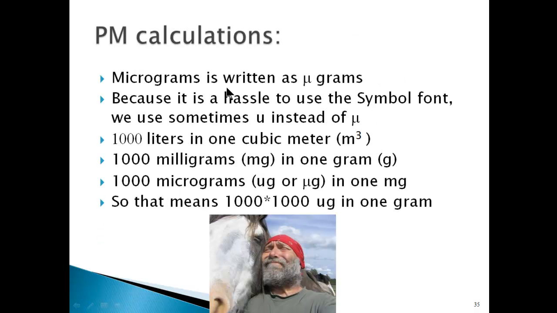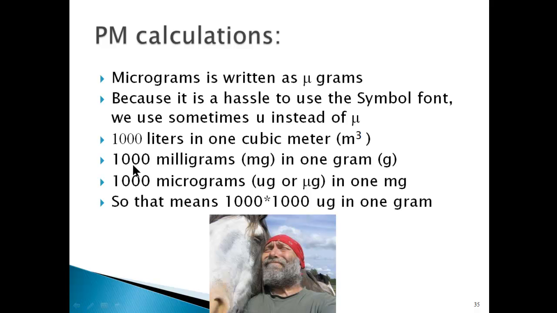Just a few more little things. Micrograms is written with this Greek symbol mu, grams, and because it's a hassle to go to your fonts and change it just for this one thing, we use U instead of the mu, and that can be really confusing. So if you see UG, what they mean is mu G, micrograms, and there's 1,000 liters in 1 cubic meter.